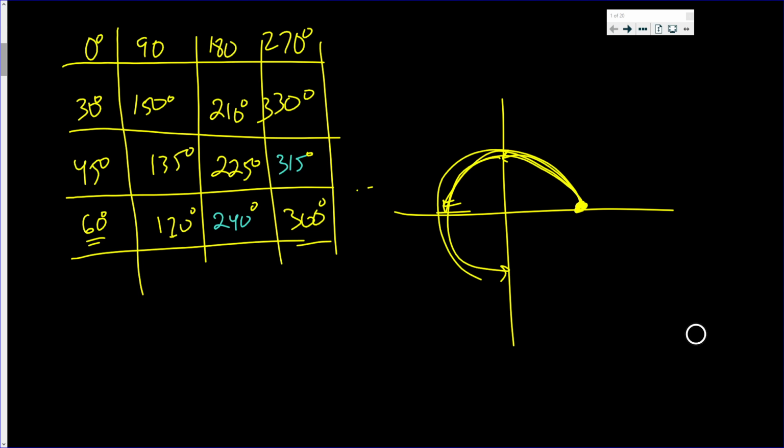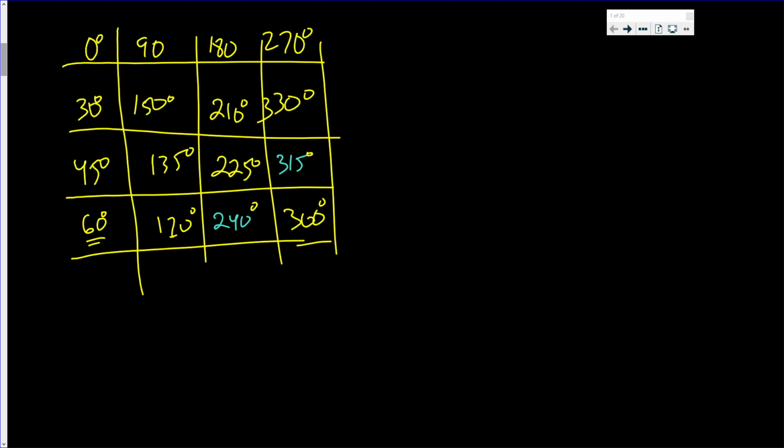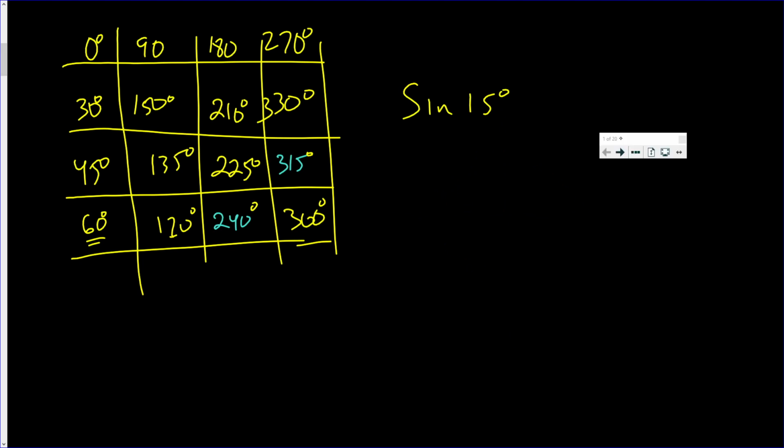This table is very, very important if you want to use the sum and difference to find the sine of, say, 15 degrees.